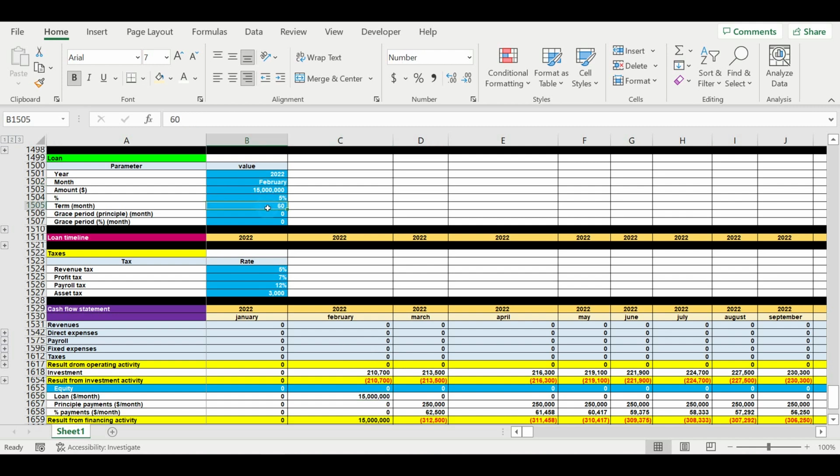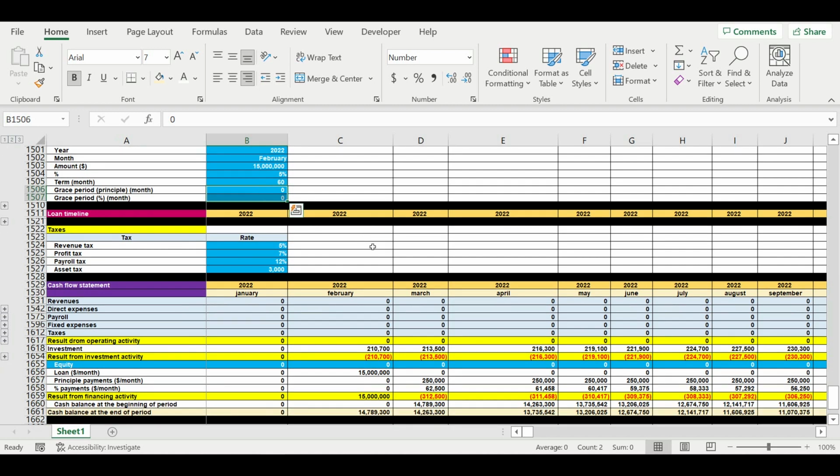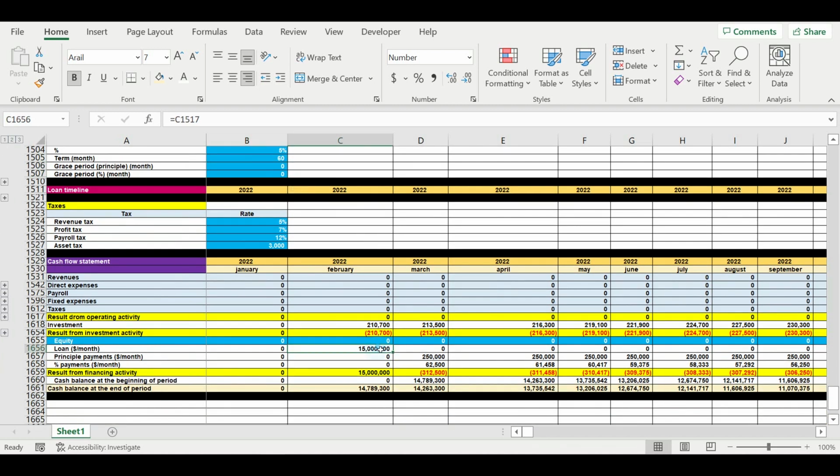The term of the loan will be 5 years. We will have no grace period for interest payments and principal payments. So here we can see the inflow of the loan, and payments for interest and principal payments.